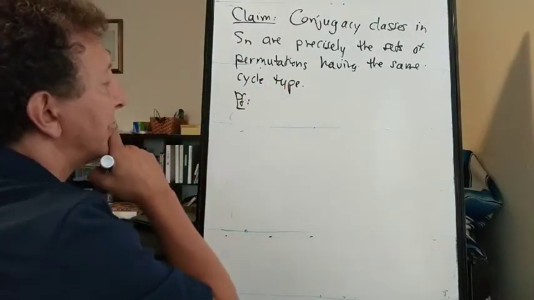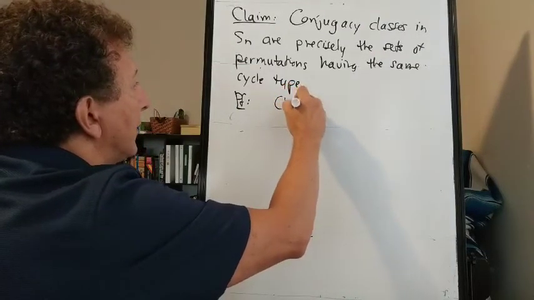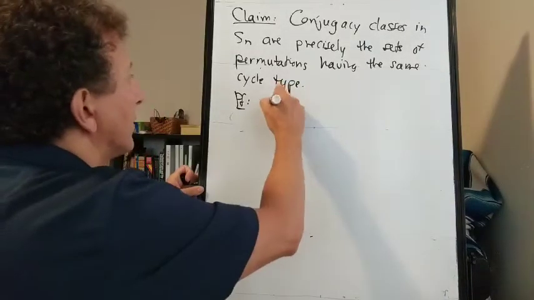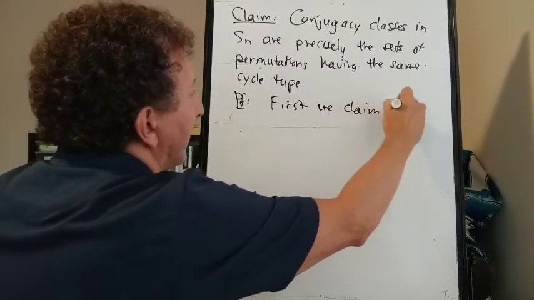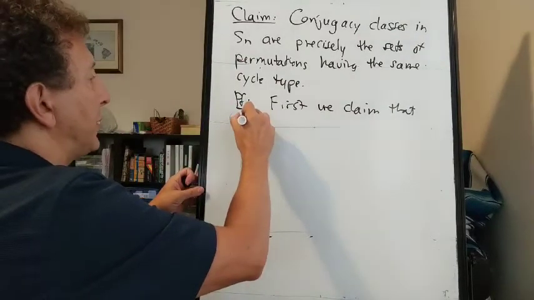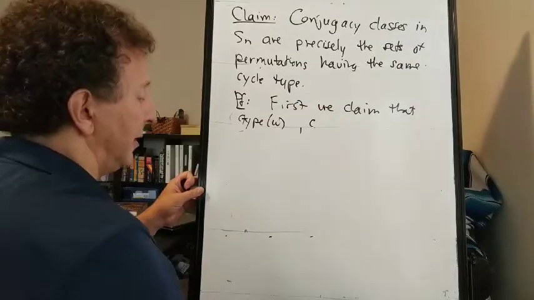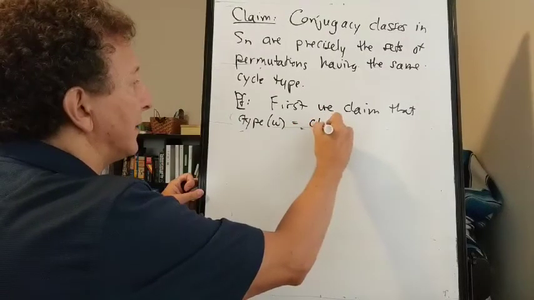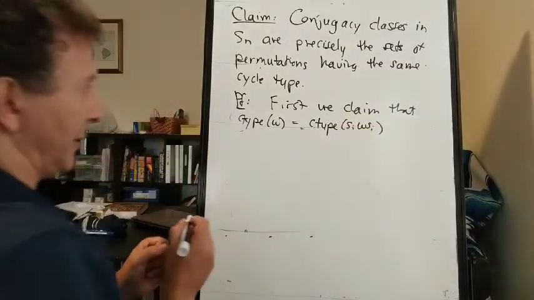All right, so to prove this, first of all, we claim that the cycle type of w and the cycle type of s_i w s_i are the same for all i.